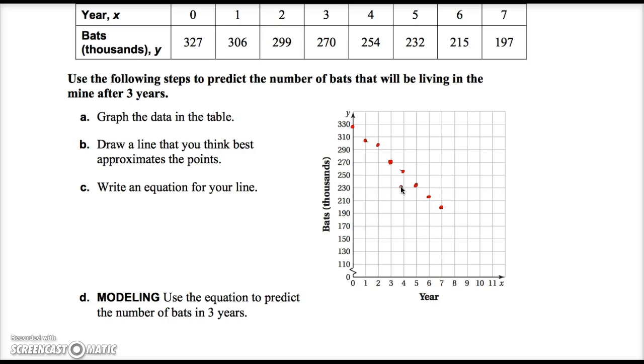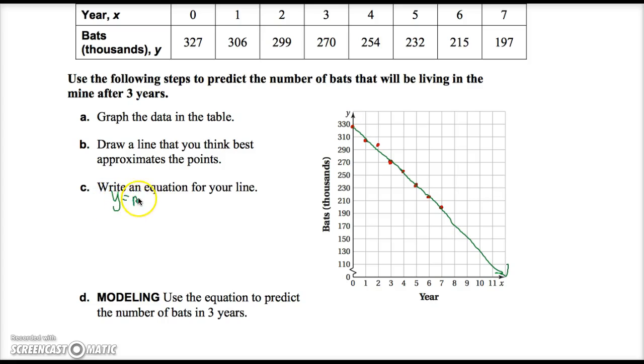Okay. B, draw a line that you think best approximates the points. So again, I'm going to try to draw this as straight as I can. And I want it to hit as many points as I can get it. Okay. C, write an equation for your line.